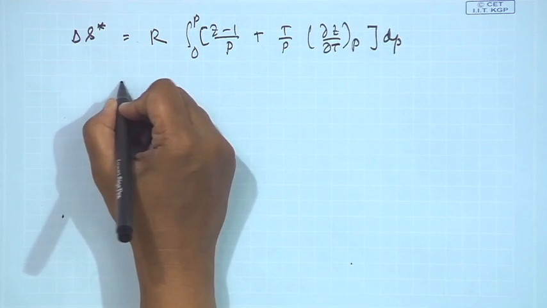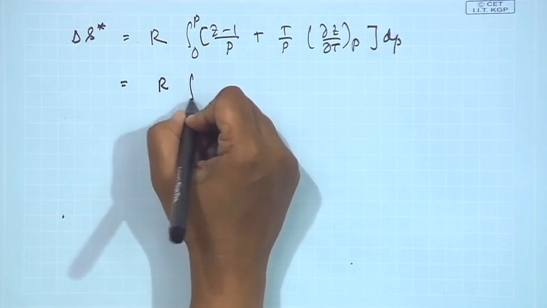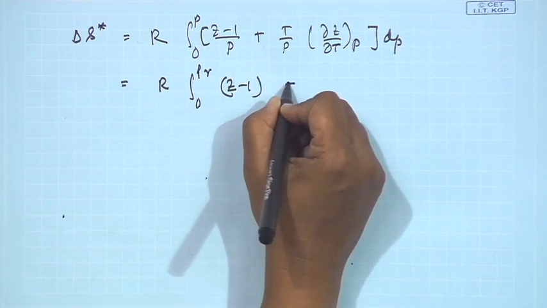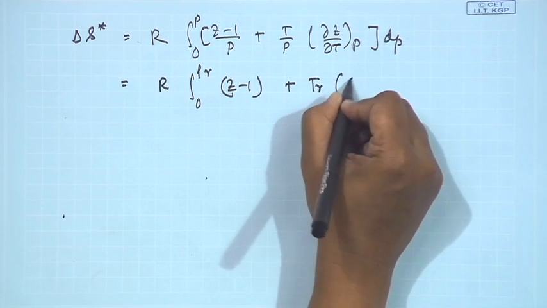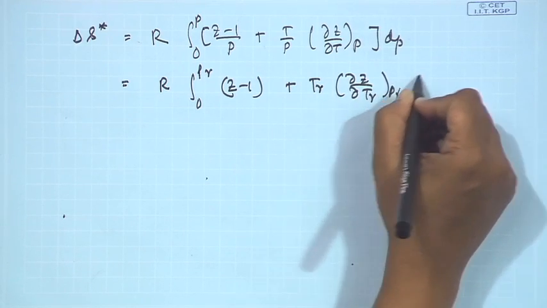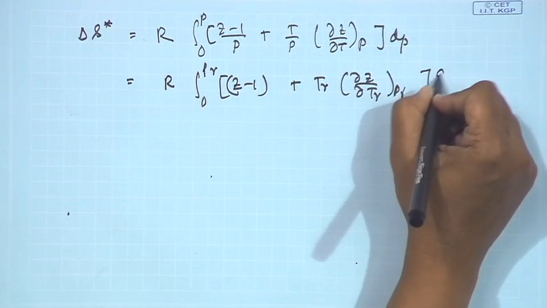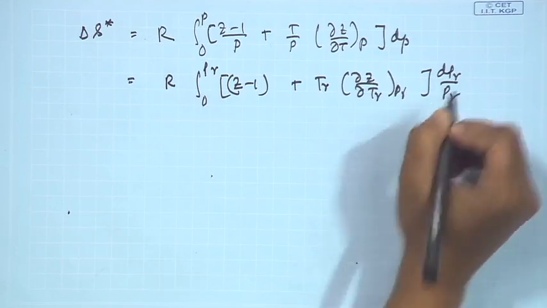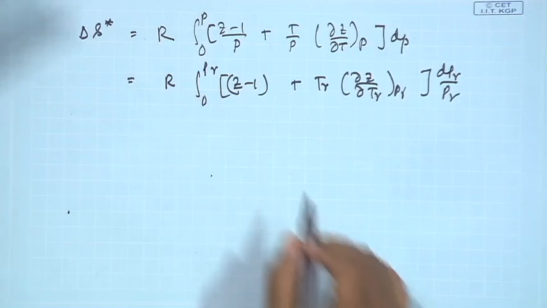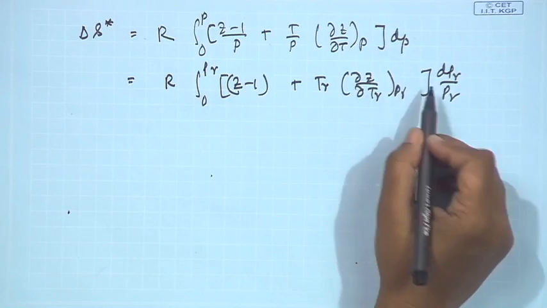And this also we can write as R integral 0 to PR, Z minus 1 plus TR del Z del TR at constant PR, whole thing dPR by PR. So we can also find out delta S star and delta H star in terms of Z, TR, PR.